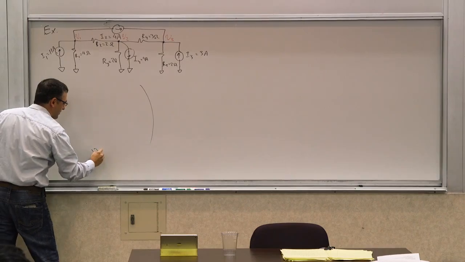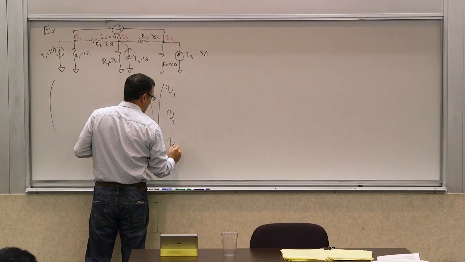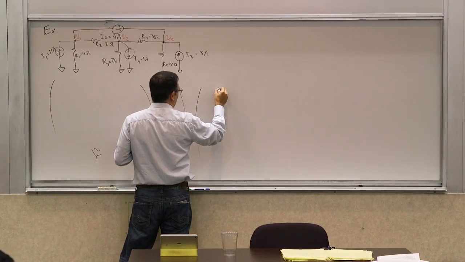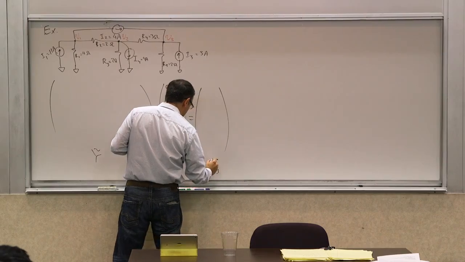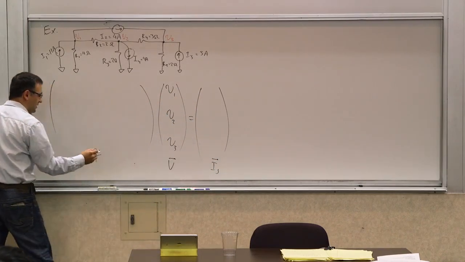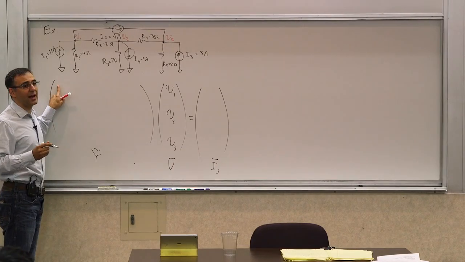This is your Y matrix that gets multiplied by the V vector, the voltages of the nodes, to give you the stimuli vector, IS. So this is IS, this is vector V, and this is the matrix Y. So what are the diagonal terms?